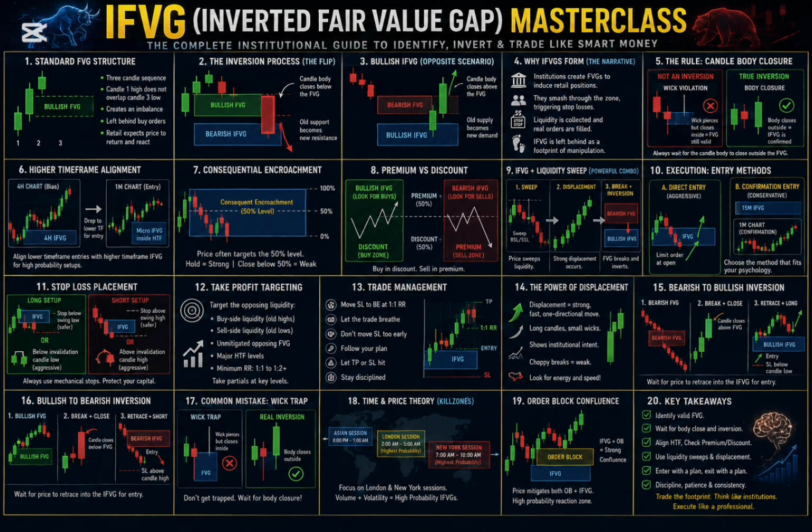You want to see powerful candles smash right through the fair value gap zone like a knife through butter. That strong, energetic push confirms that the market makers are aggressively shifting their bias.